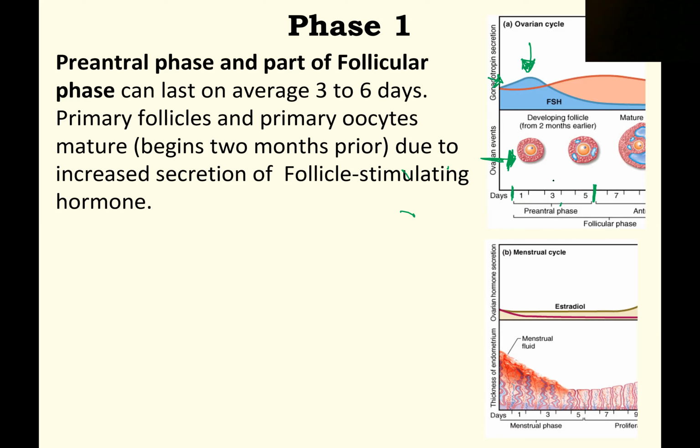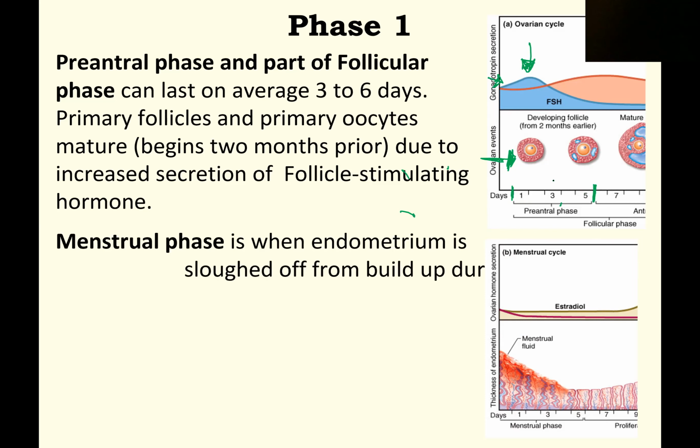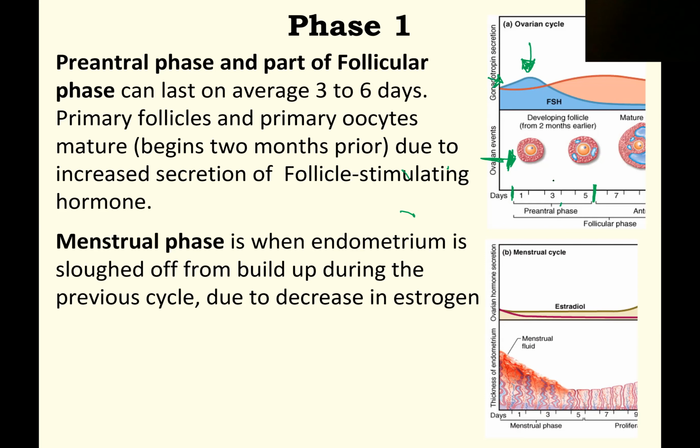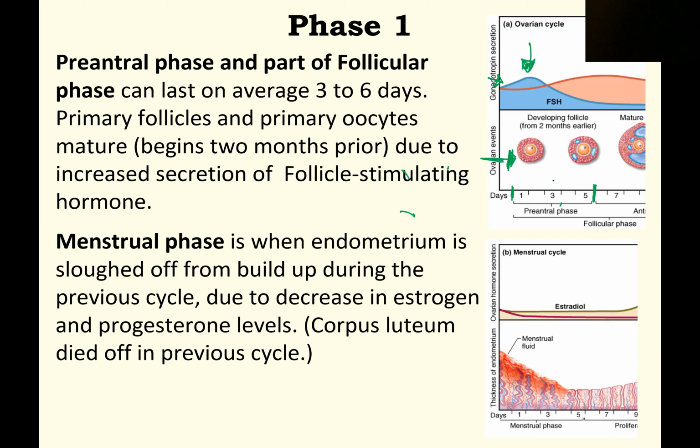In the uterus, you have the menstrual phase. So you have another name. This is when the endometrium is being sloughed off due to buildup from the previous cycle. And this is because the levels of estrogen and progesterone are going to diminish because the corpus luteum died off.